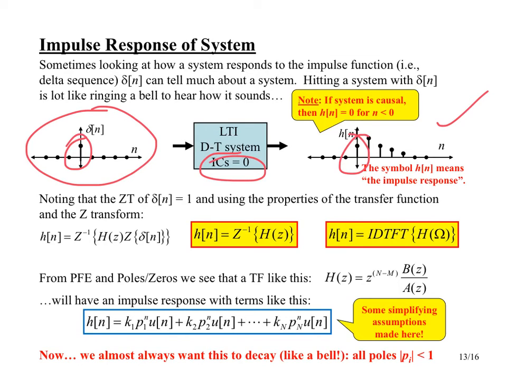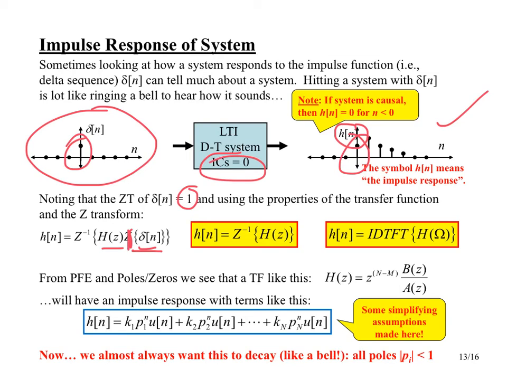Now, to link all of this to the transfer function, we know that we can find the output of a system in the z domain by taking H of z times the z transform of the input. So the z transform of the delta function we know is equal to 1.